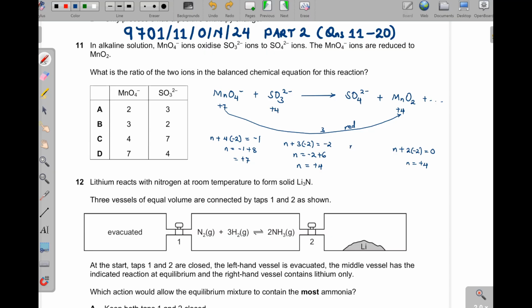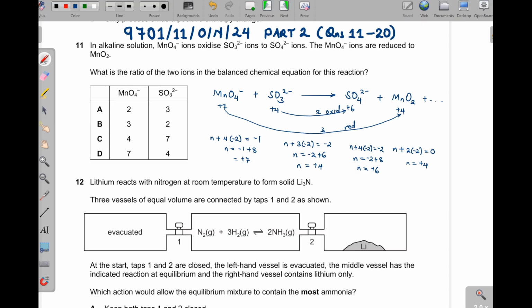We have N, then plus 4 times negative 2, then we equate to negative 2. And then N becomes negative 2 plus 8. So for that case, N here is equal to positive 6. So we have plus 6 here. Now from here to here, that is an increase, okay, by plus 2. So increase in oxidation state is oxidation, right?